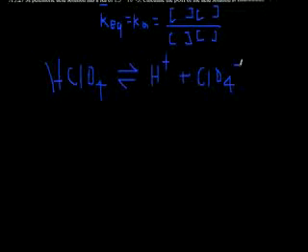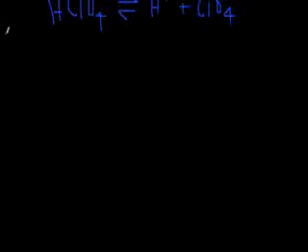So you have the products, H plus and ClO4 minus, which go up on top, and then you have the reactant. You actually only need one of these in this example. Then you can create a RICE chart to find out these values.